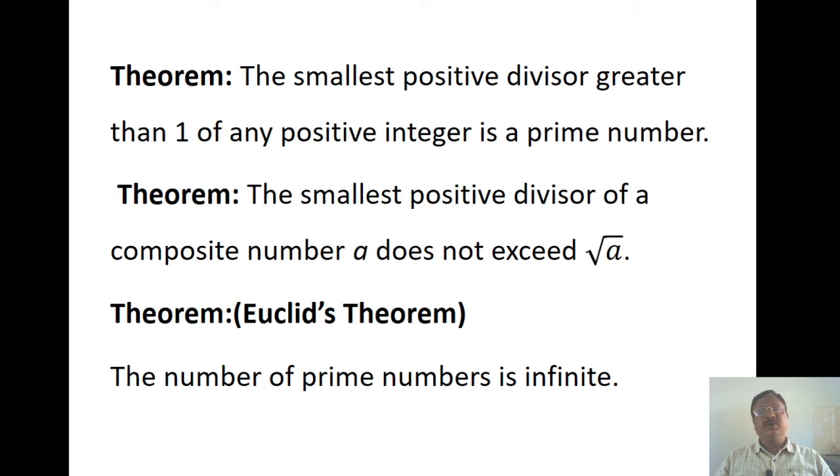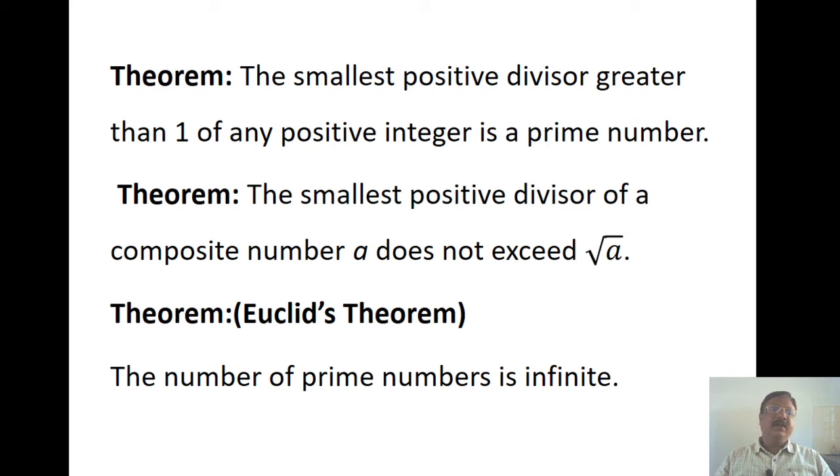Next theorem, the smallest positive divisor of a composite number A does not exceed root A. See, for example, 25 is a composite number. So the smallest divisor of 25 will not cross root of 25, that is 5.